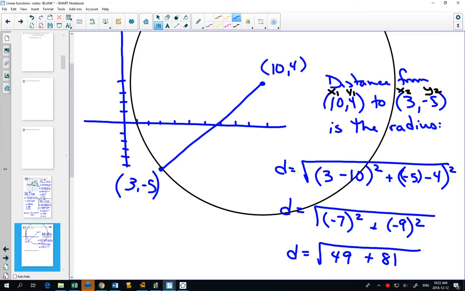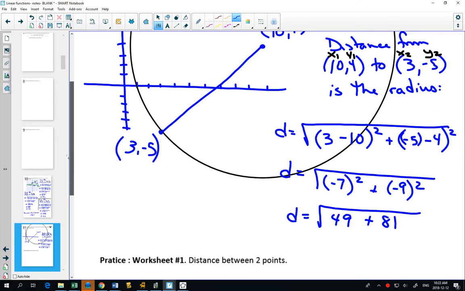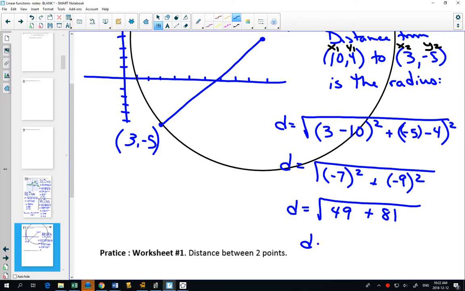Positive 49, positive 81. And if we want to solve that to 1 decimal place, we get 11.4. So the radius is 11.4.